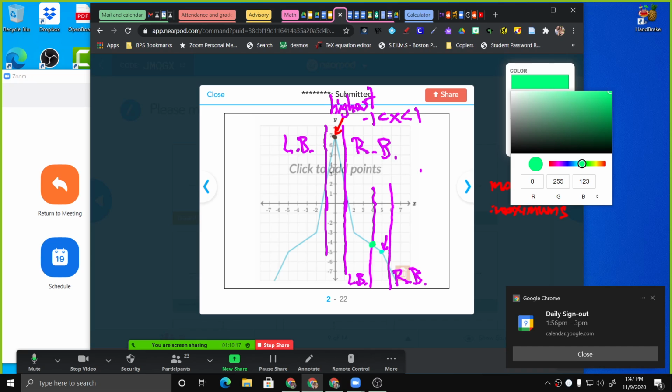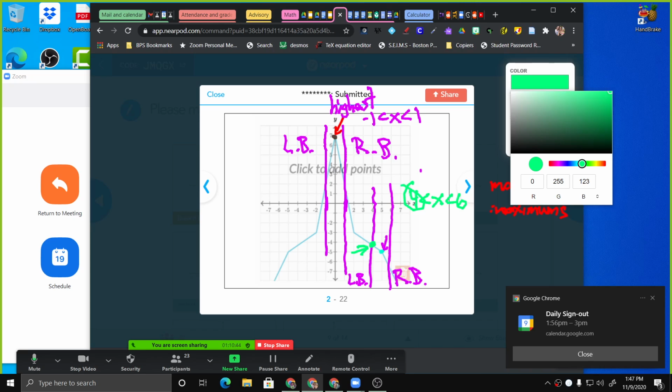Isn't that the highest point in that interval? That green point? Kind of. Remember, this is an open interval. That point that's at 4, -4, right? This point at 4, -4 isn't included.